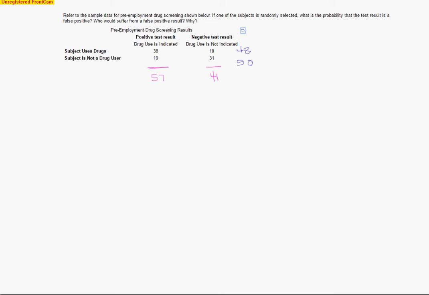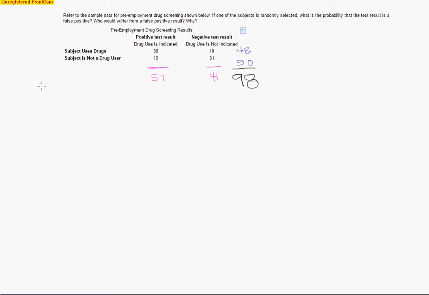If I then figure out how many people altogether were in this study, you can pick either column to add. You don't want to add them all because people will get double counted. But it looks like 48 plus 50 is 98 people were used in this study.